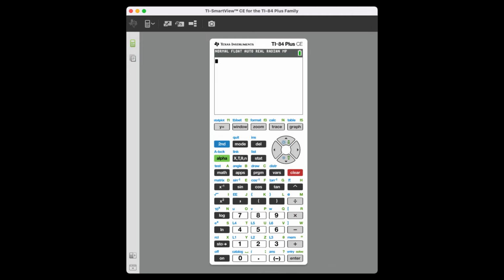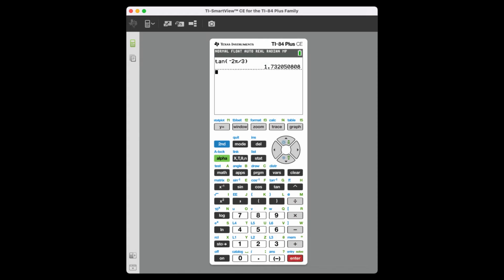So tangent of negative 2 second pi, there you go, divided by 3. Close that, and what do you get?